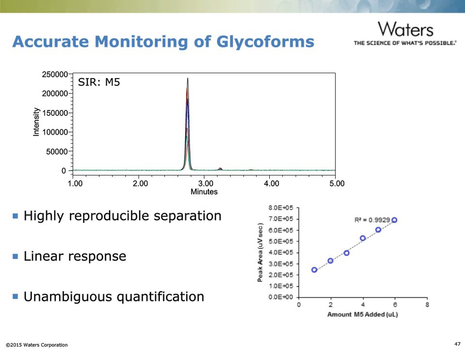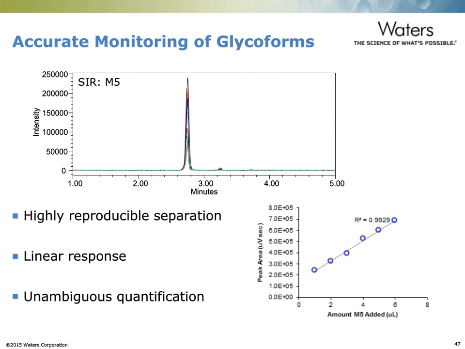And that linear response allows us then to do some level of quantification and gives us assurance that the response that we would see would be linear, dependent on the amount of mannose or whatever species of interest were in that sample. And in addition, by using the SIR, we get unambiguous quantification, so no longer do we need to worry about potential co-elutions of structures.